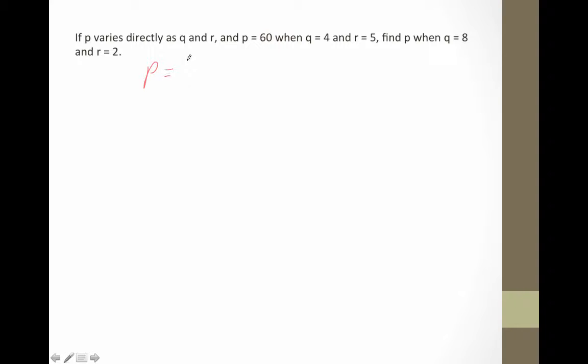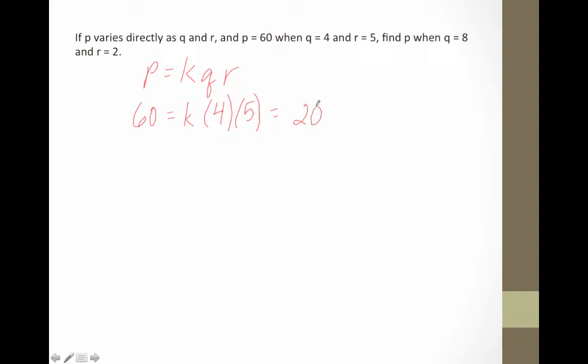P varies directly as, so P equals K times Q and R. You just stick them all together like that. P equals 60, so 60 equals K times, when Q is 4 and R is 5.